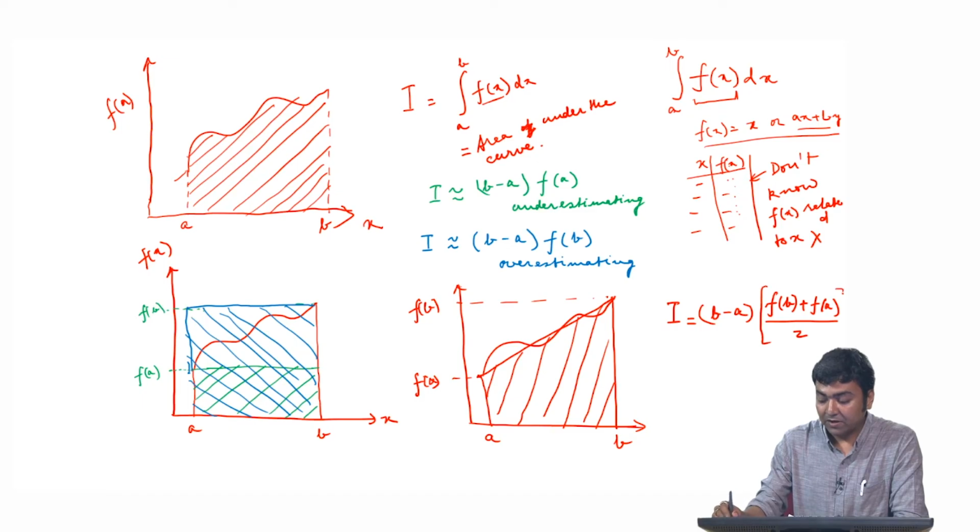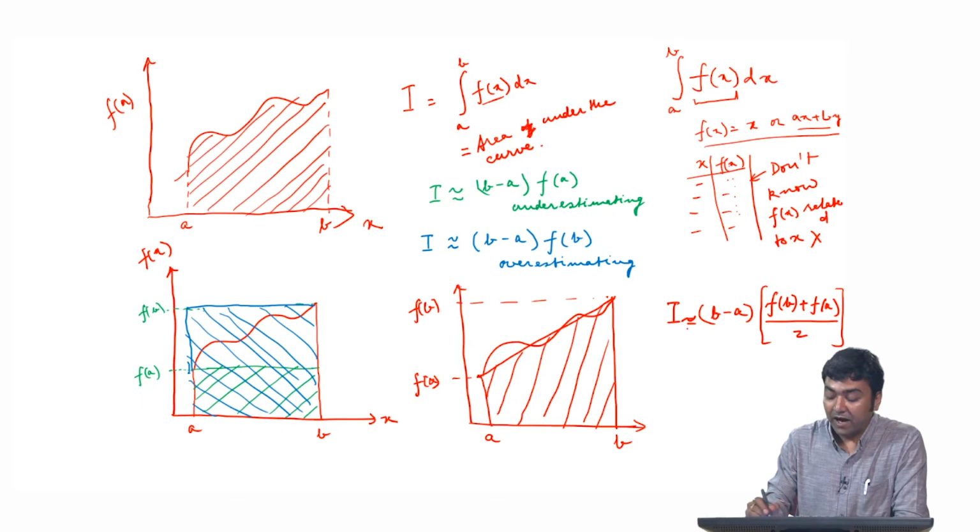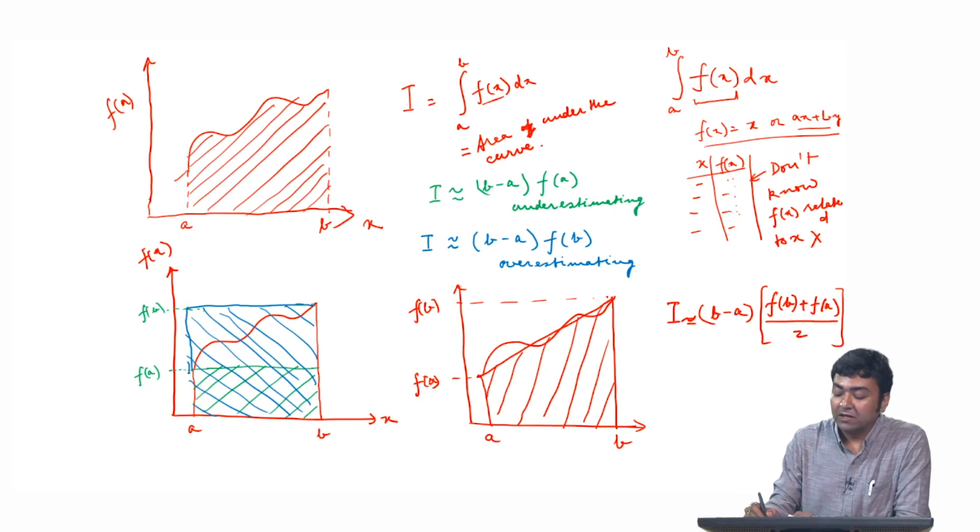This is my approximate estimate of the integral, and this way of estimating the integral is known as the trapezoidal rule.